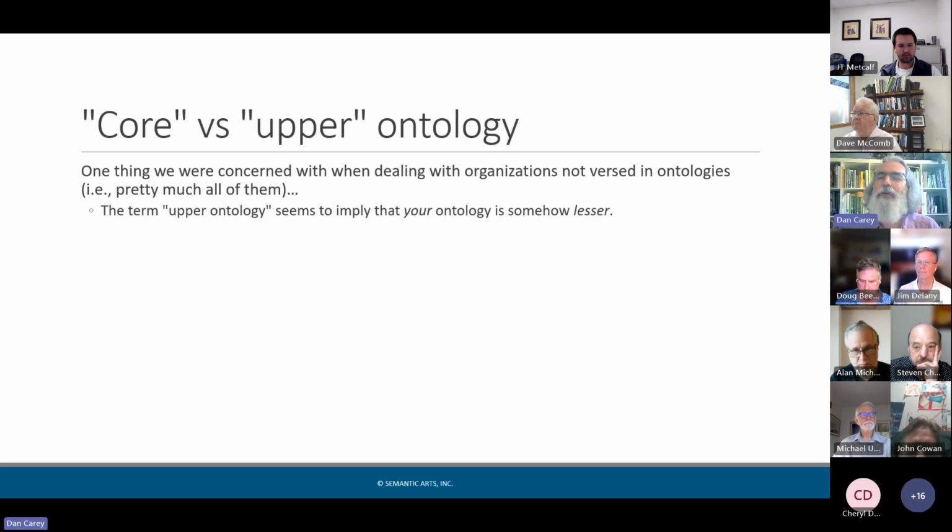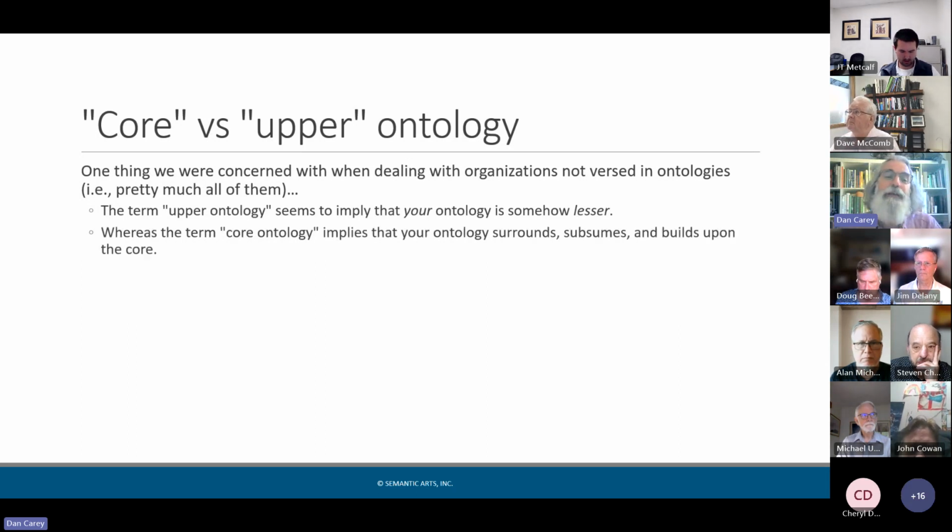And I can't help but think if in the beginning they, instead of using the term upper ontology, they called it foundational ontology, they would have been better off. But we chose the term core ontology because it somehow seems to imply that your domain ontology surrounds and subsumes and builds on top of that core.